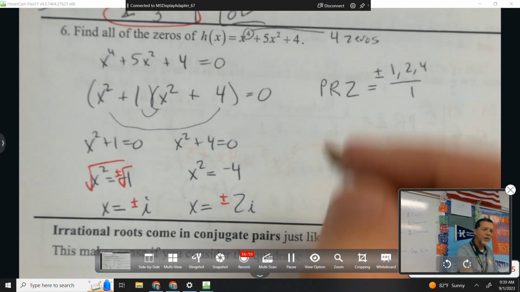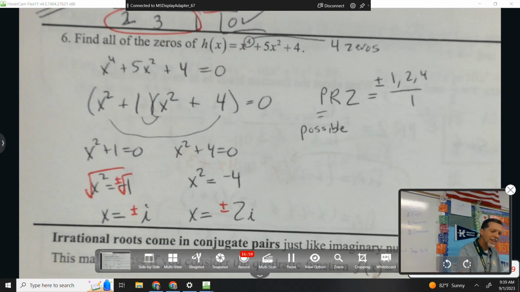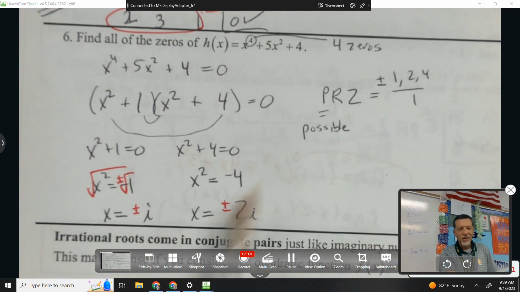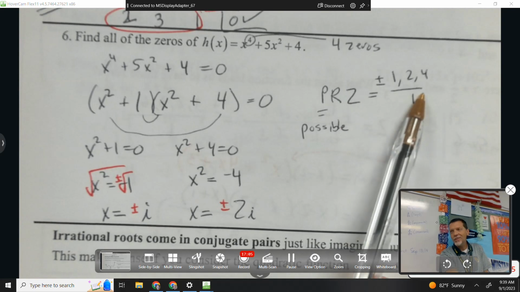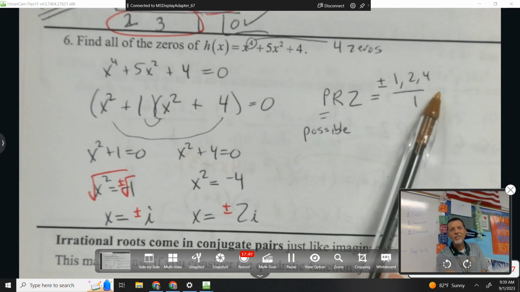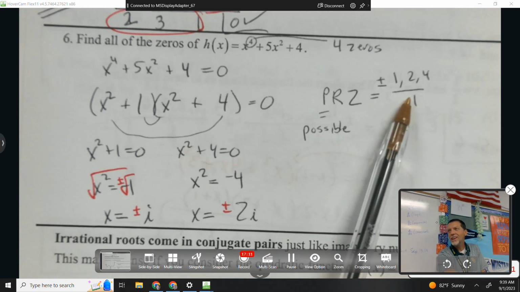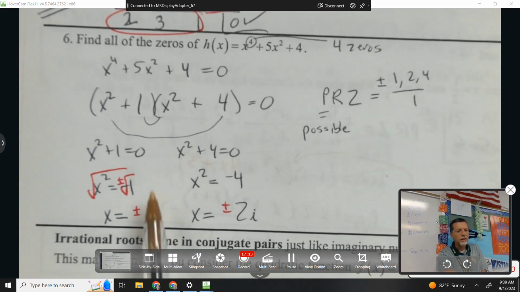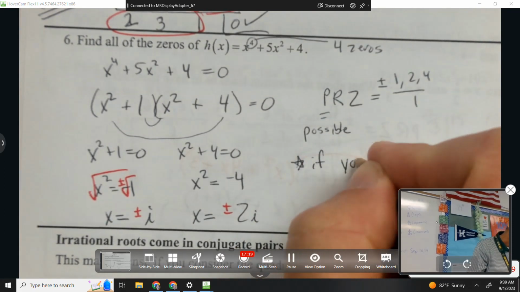This is why they're called possible. It doesn't cover the imaginaries. So if we had gone this route, we would have tried all 6 of those and none of them would have worked. And that would have been very annoying, right? To work through all of them and then realize none of them work. So I guess the moral of the story is if you can factor.